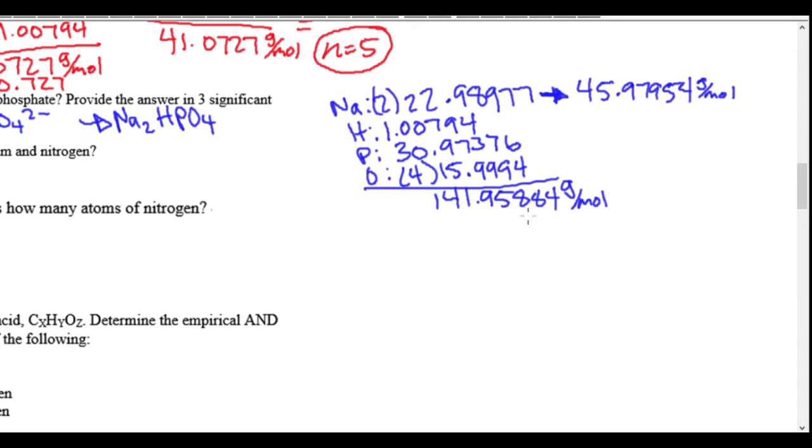Okay, so to figure out the percent sodium, percent Na is going to be the total amount of sodium over the total molar mass. So 45.97954 grams per mole over this total mass.